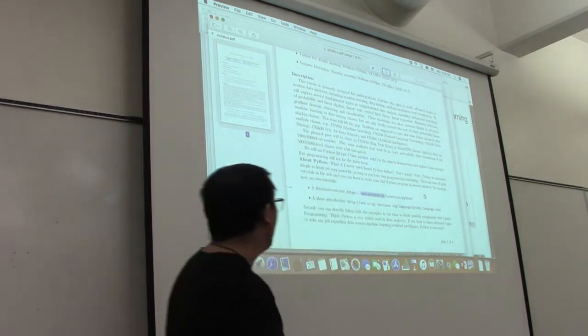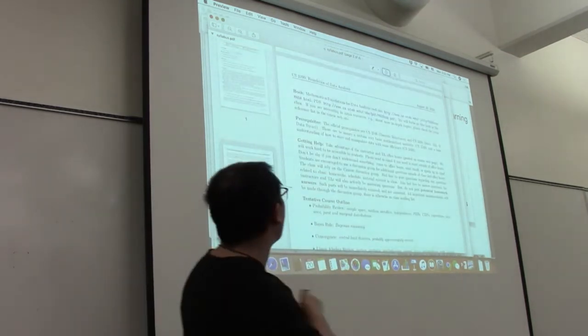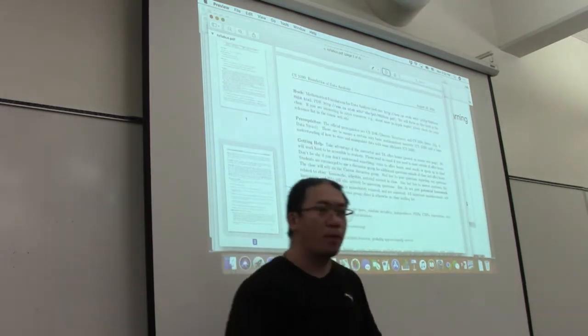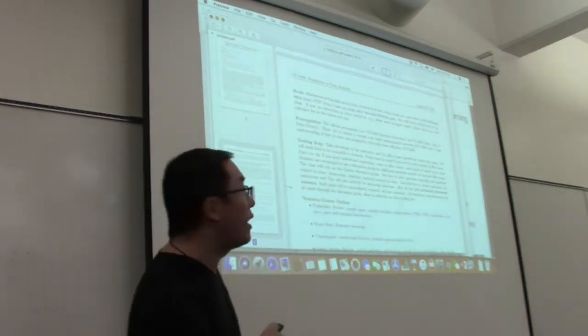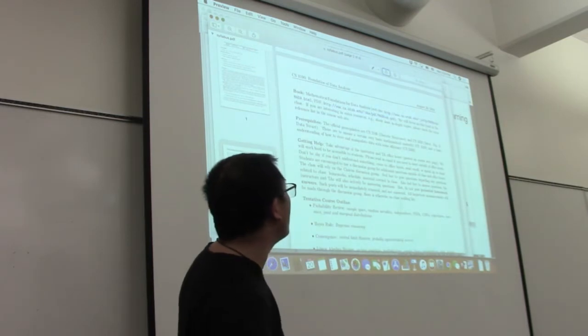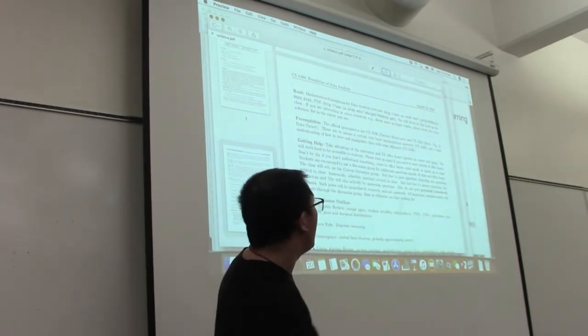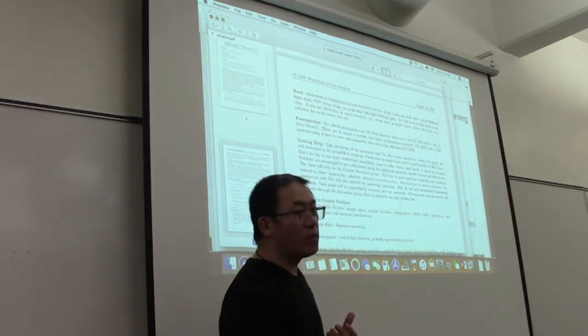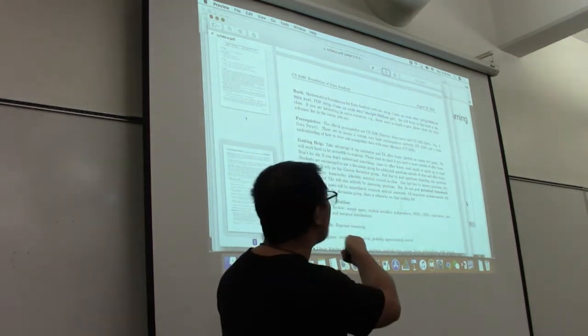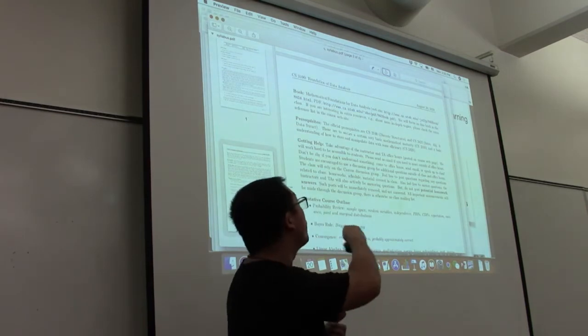Okay, great. So let us talk about the book. We'll focus on one book in our class. It's called Mathematical Foundation of Data Analysis. This link is the web page of this book. And this link is a PDF. So you can download the whole book through this link.